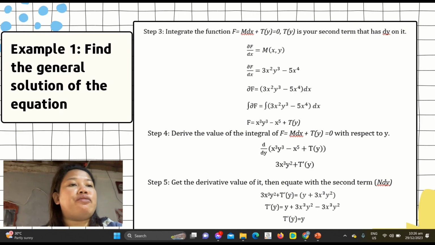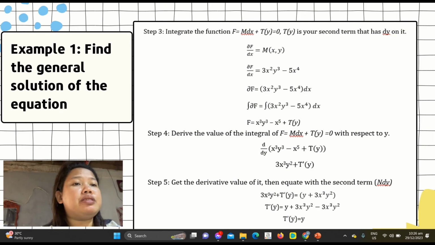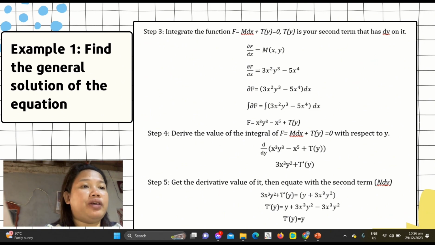Next would be step 5. Step 5 states that we get the derivative value of it, then equate it with the second term, which is the n dy. So we have here our derivative on the left side, 3x cubed y squared plus t prime of y, is equal to our n dy, which is our given, y plus 3x cubed y squared.